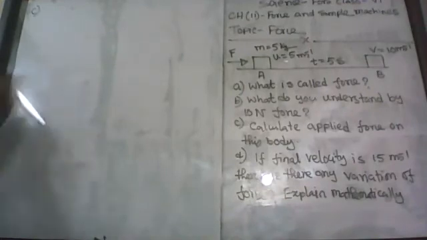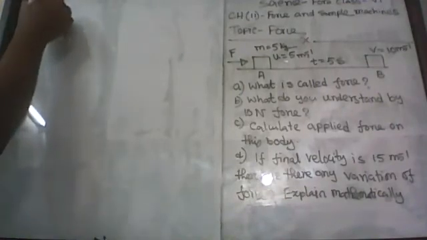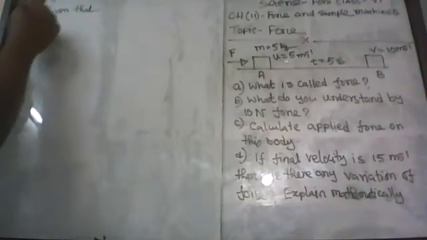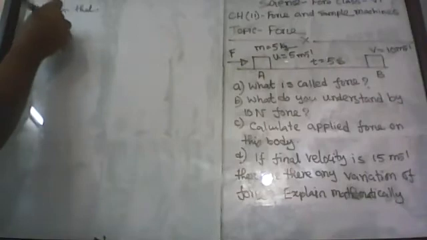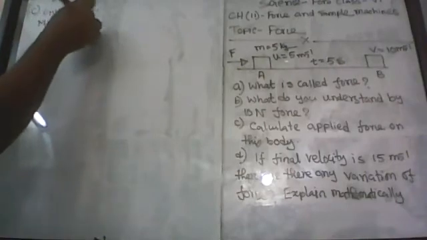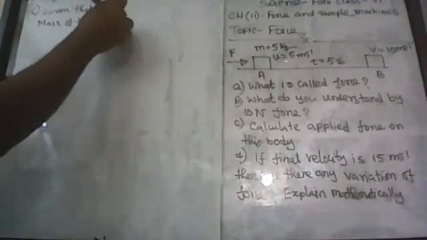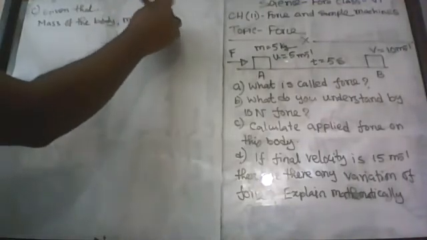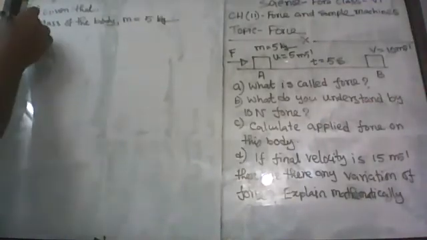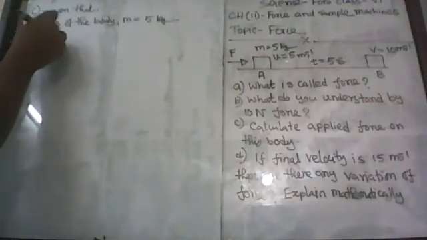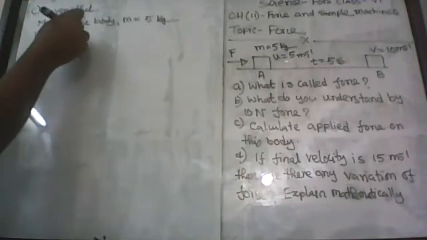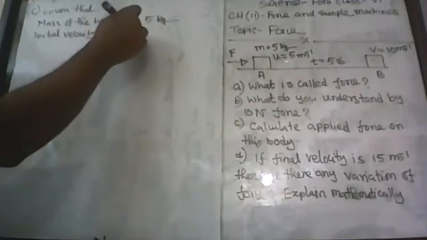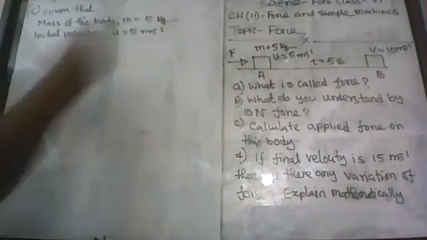So given that, mass of the body M will equal to 5 kg. Initial velocity U will equal to 5 meter per second.